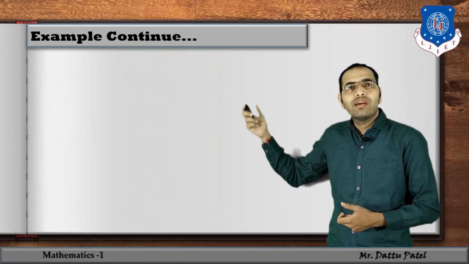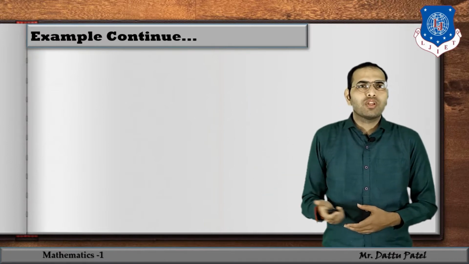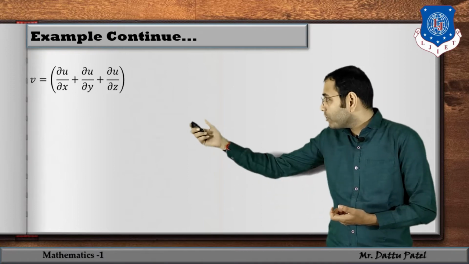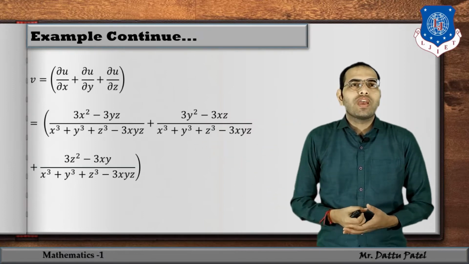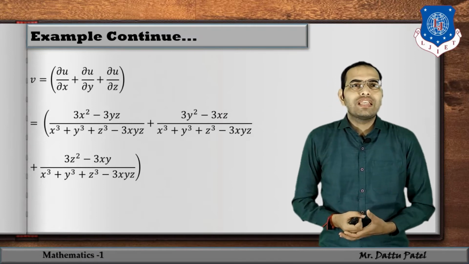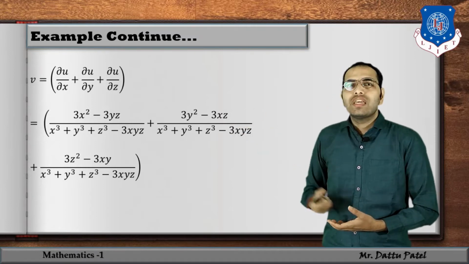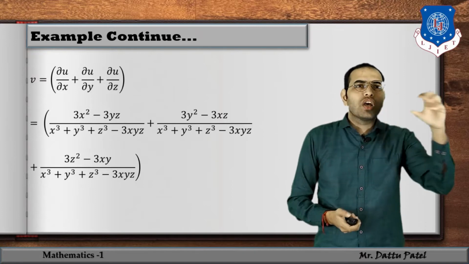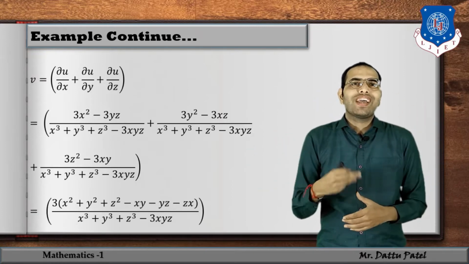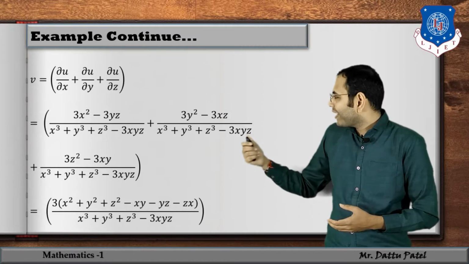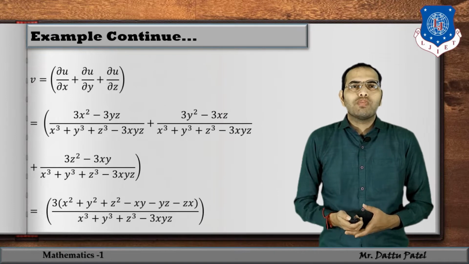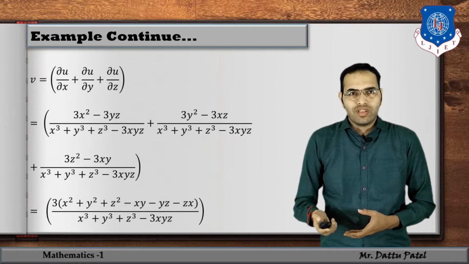Substituting these values, the denominator portion x cube plus y cube plus z cube minus 3xyz is common, so taking the LCM, in the numerator each and every term has a 3 common, so it becomes 3 times (x square plus y square plus z square minus xy minus yz minus zx) upon (x cube plus y cube plus z cube minus 3xyz).